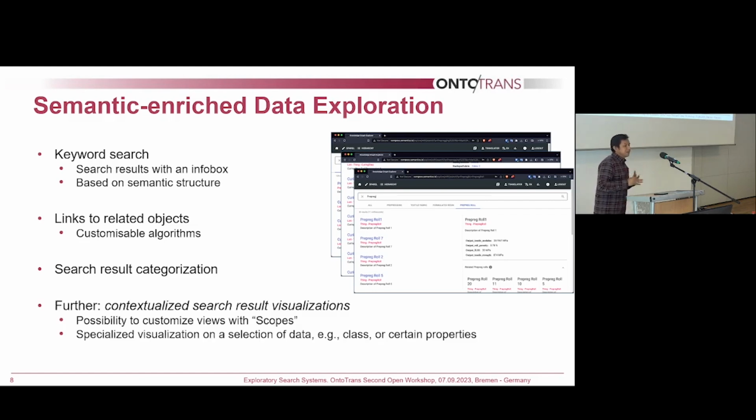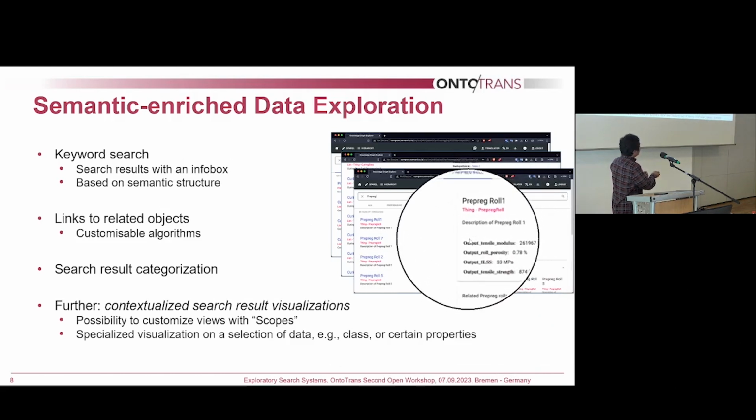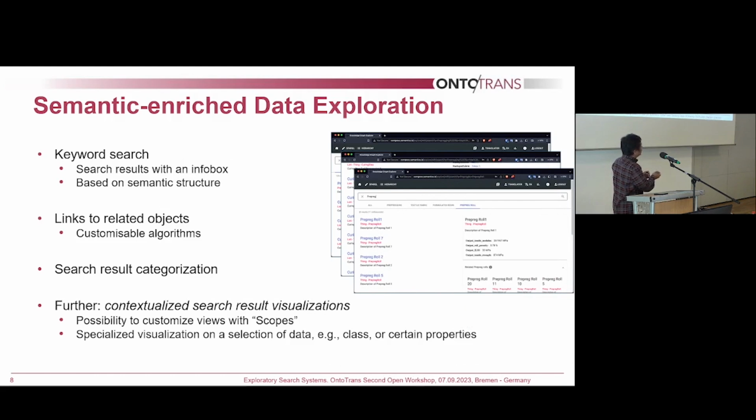In general, this allows result visualization contextualized by certain filters, certain structures of the class. You can even make the info box on the right look different for each of the classes, or even for a single property that contains some number. For example, if you want to make a visualization out of it, it's also possible. This is a really powerful customization mechanism that we have here.